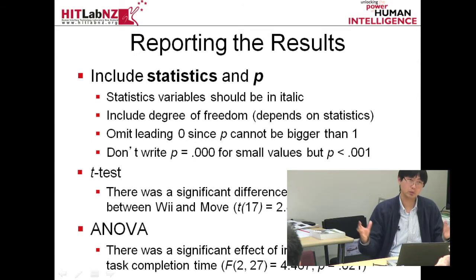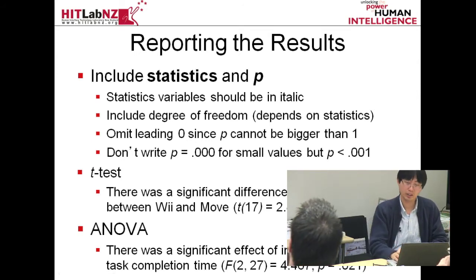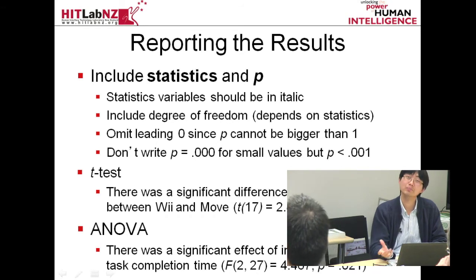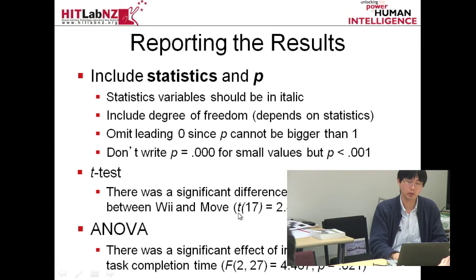So if you want to report in a very brief way, you can only report the p-value. But to be more formal, it's better to report your probability distribution, degree of freedom, and the value out of that test. And again, statistic variables might be better in italics.